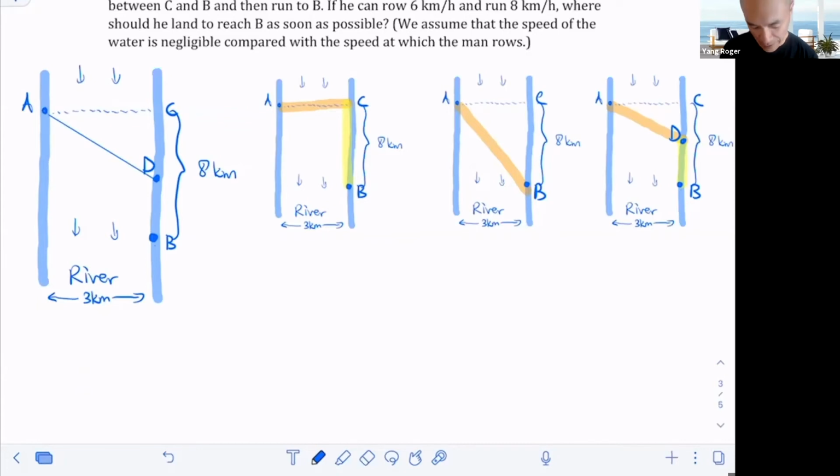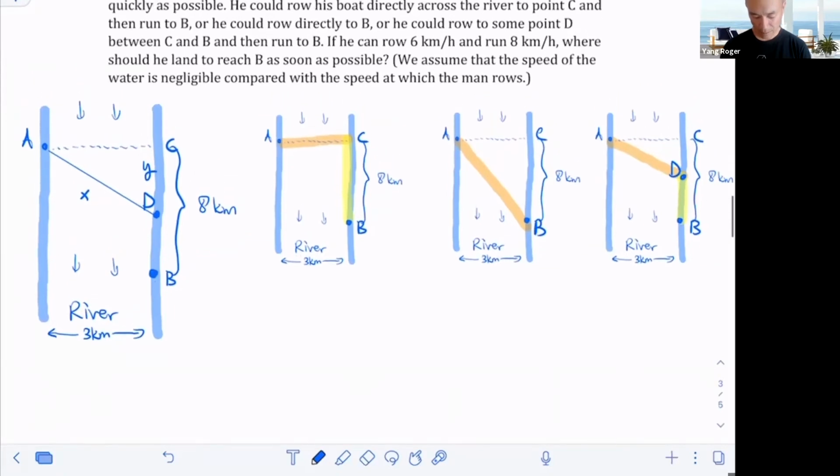Let's call this variable here X. And then we need another variable to represent the distance they're running along. So why don't we call the distance from C to D, Y?